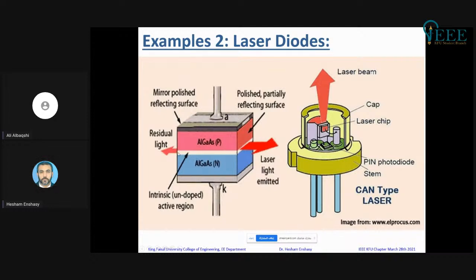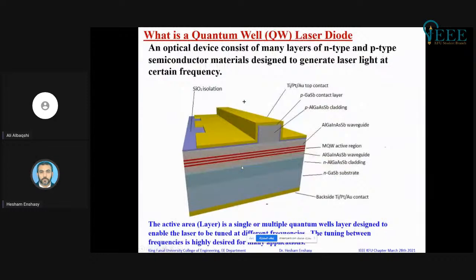Now, a lot of study and research is going on in this area, on the active area of the laser, where the light comes out. This active area could be bulk, for example aluminum gallium arsenide or indium gallium arsenide material, or it could be what we call a quantum well type material. If it's a quantum well type material, it will be something like this.